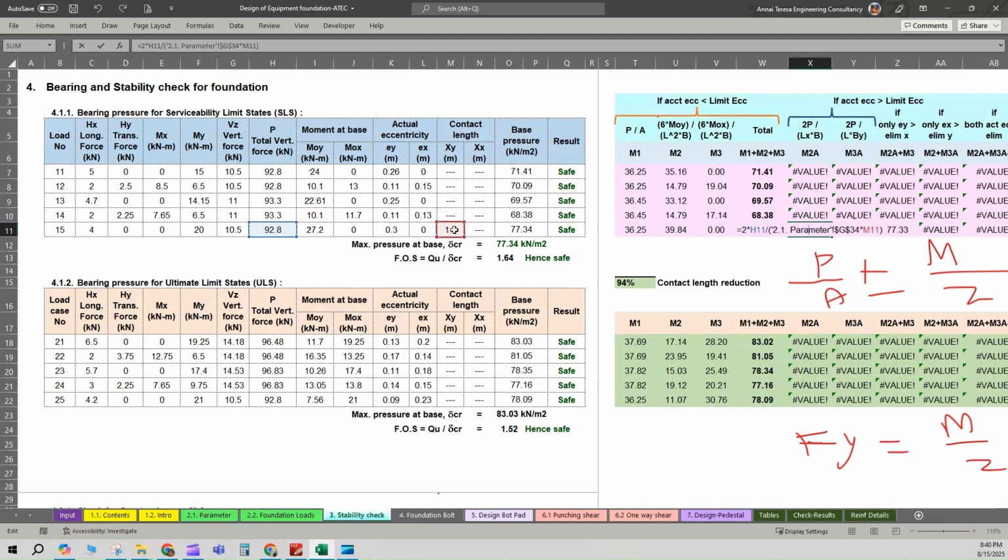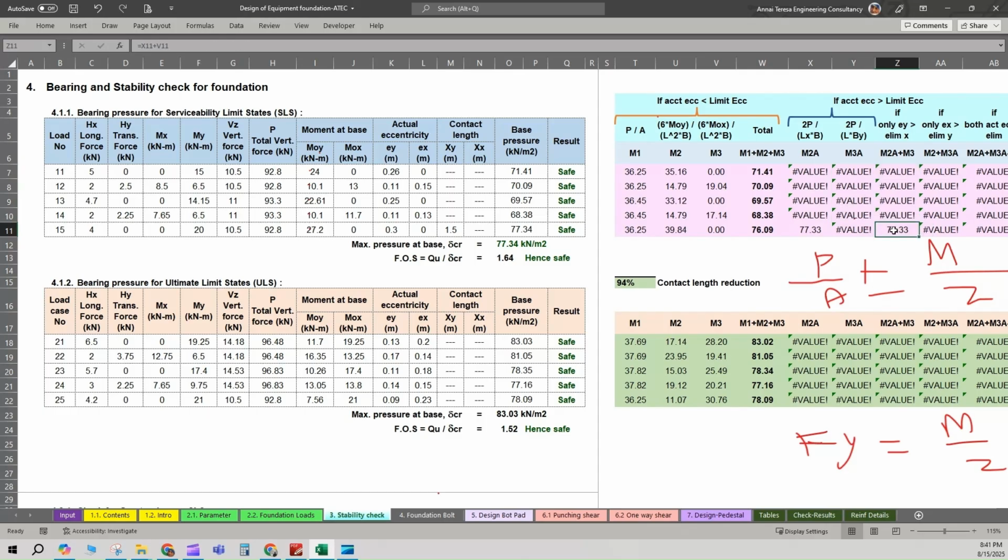Lx is the length 1.5 multiplied by b in the other direction, and this is 2 into p. By applying this we get 77.33 for this case alone. The other case is not applicable because there is no actual eccentricity exceeding the limiting eccentricity in the x direction, so that is why it is showing as a value.